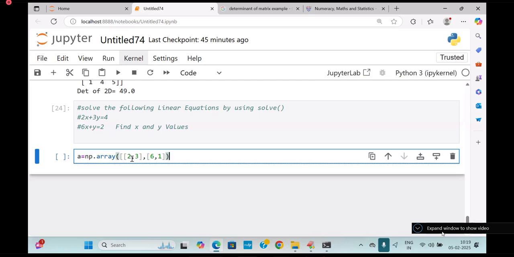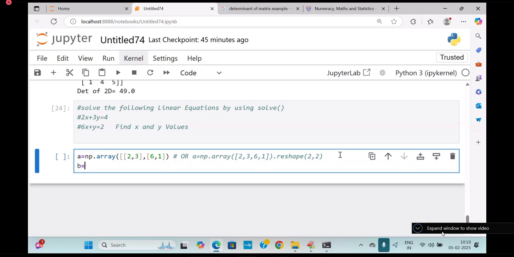You can also write the same thing as A is equal to np dot array of 2 comma 3 comma 6 comma 1 dot reshape of 2 comma 2. You can take it like this.